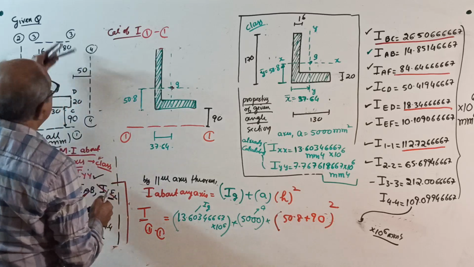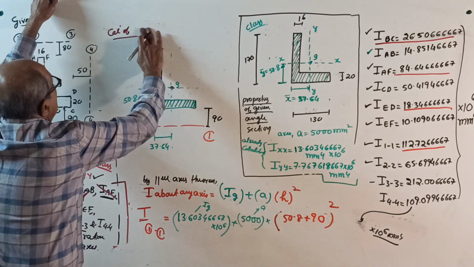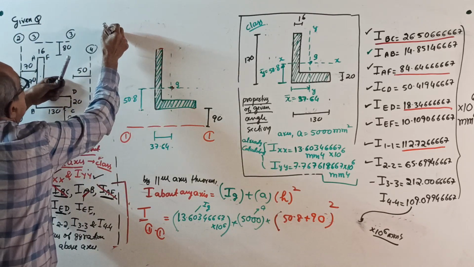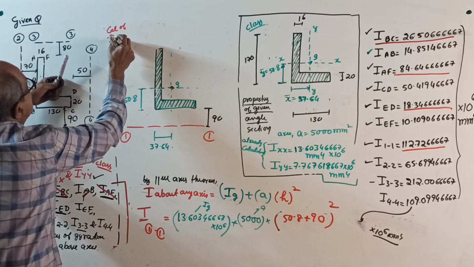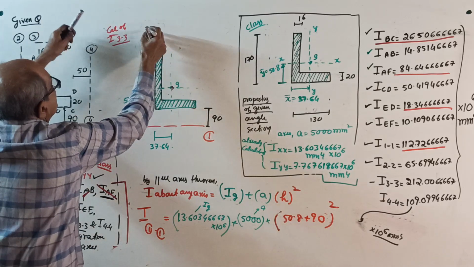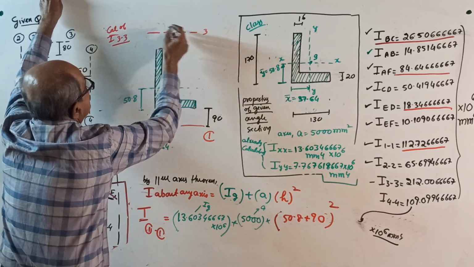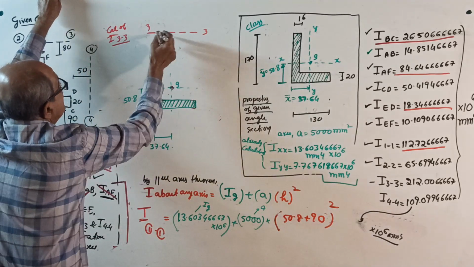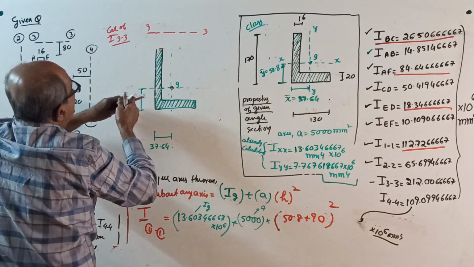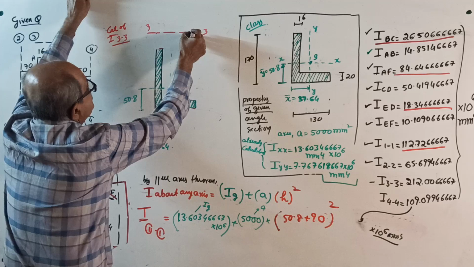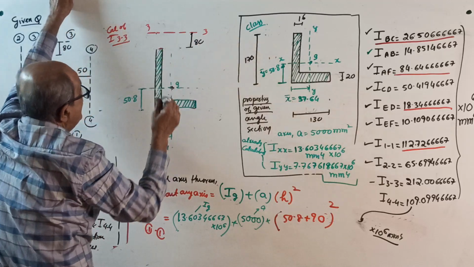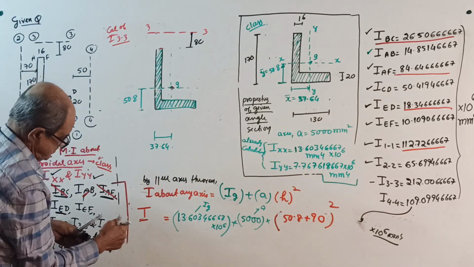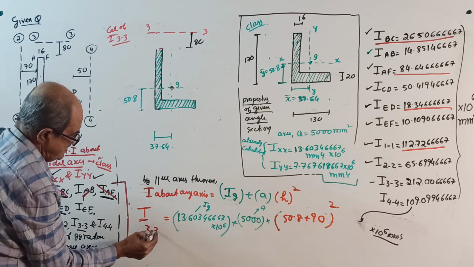Next, 1,1 over. Calculation of I about 3,3. See, 3,3 is here. Now this should be removed, you should not write this one. They told in the question that 3,3 is at 80 from here. See, in the question it is given, this is 80. Start. First, I33, I should change here, 3,3.